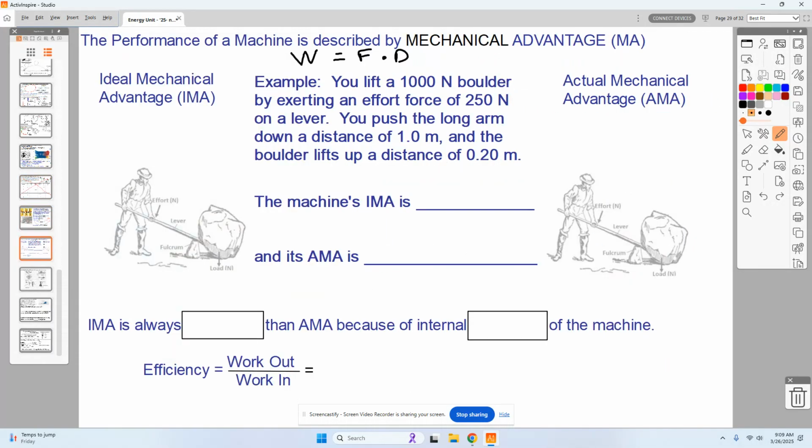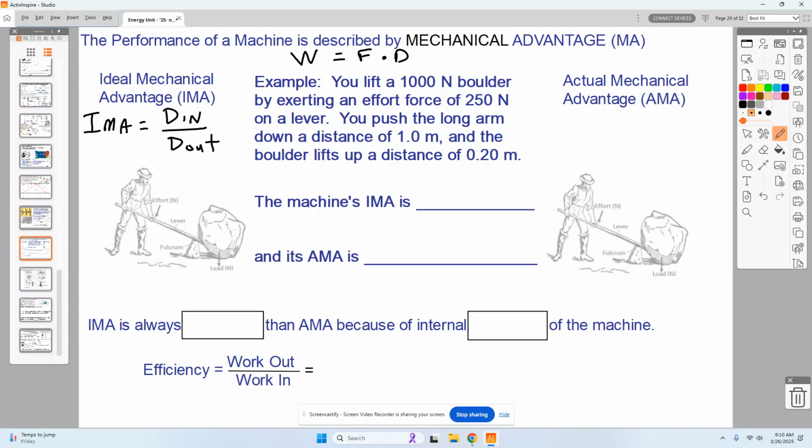So we're going to define IMA as a ratio of an input distance compared to an output distance. So how far Seppi moved the input side compared to how far the output side went up.